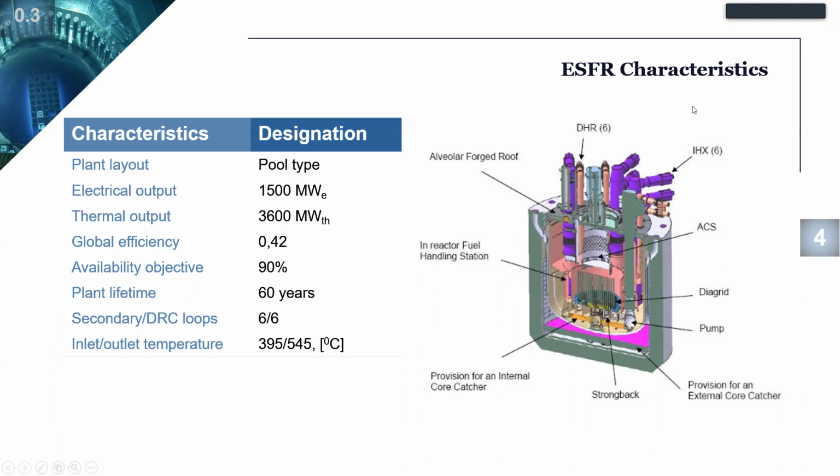Oh, all right. So in the inlet and the outlet of this particular reactor, we have temperatures of about 395 and 545 degrees centigrade. And this is very crucial. As you can see, the range is too huge. If you compare this value to what we have in the case of PWRs, normally this range is, I think, between 20 and 25 degrees centigrade.